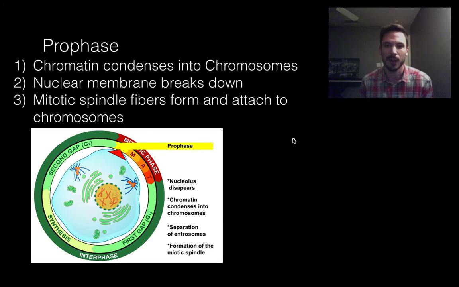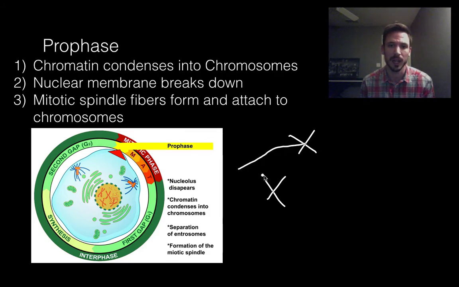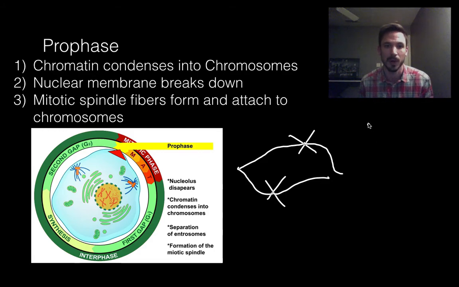So if we're going to have our cell here with our chromosomes, so I'm just going to draw a couple here, what we're going to form are these mitotic spindle fibers, which are just these fibers or these microtubules that'll connect onto those sister chromatids so that we can organize them, we can move them where we want, and most importantly, later on, this is how we're going to grab onto them and pull those sister chromatids apart. So all this happens in just prophase, that first part of mitosis.